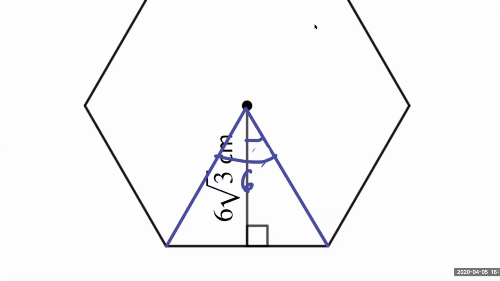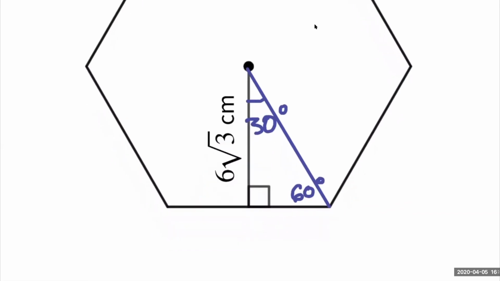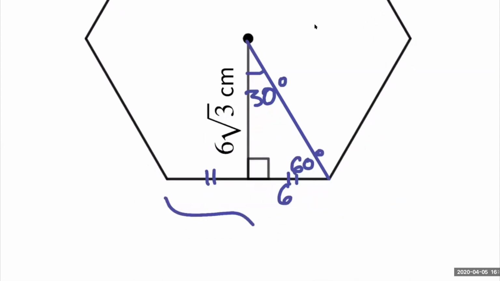So if the entire central angle is 60, that means that this angle here is 30 degrees. As a result, we have a 30, 60, 90 right triangle. And so if we have 6 root 3 across from our 60-degree angle, that means that we're going to have a length of 6 across from our 30-degree angle. And because our apothem bisected this side, the entire side of this regular hexagon is 12.